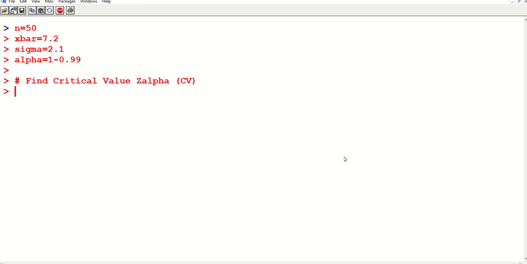Critical value means z alpha. Z alpha is equal to qnorm of 1 minus alpha, divided by 2. Why are we dividing by 2? Because it is a two-tailed concept. So z alpha, if you find it, the answer is 2.57.